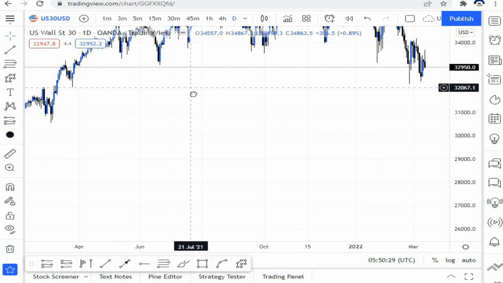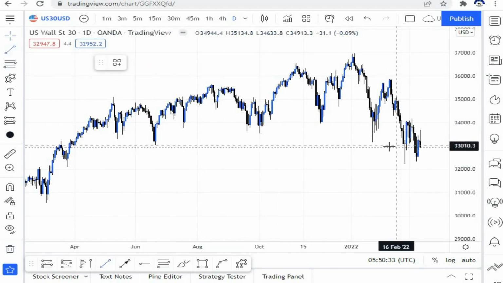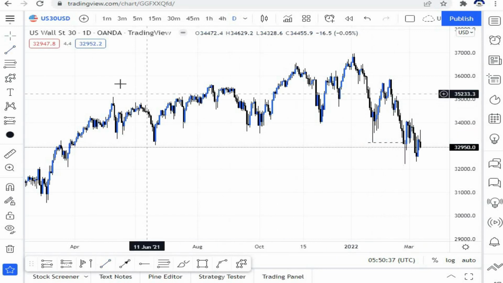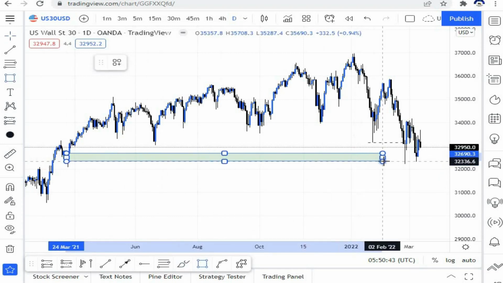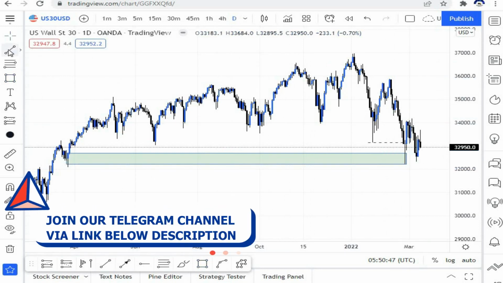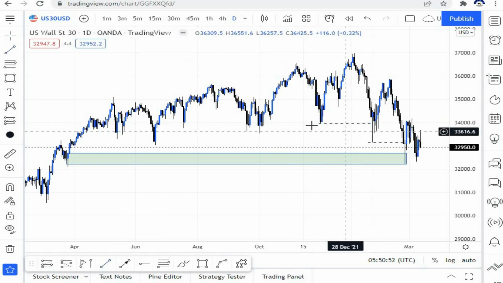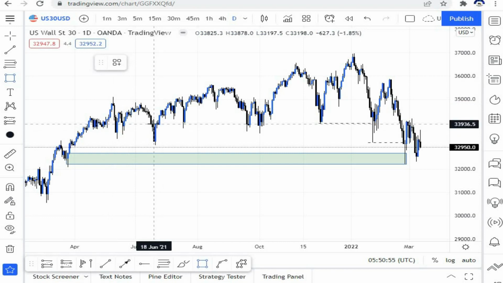As you can see here guys, we had this break of structure right there, and we also had this demand zone area around this zone. Same thing happened here: break of structure, and there was a demand on our left side, this demand zone area.